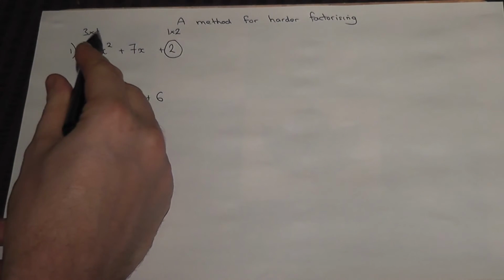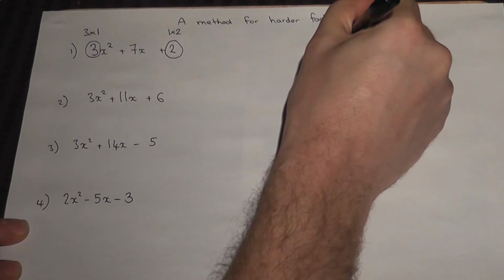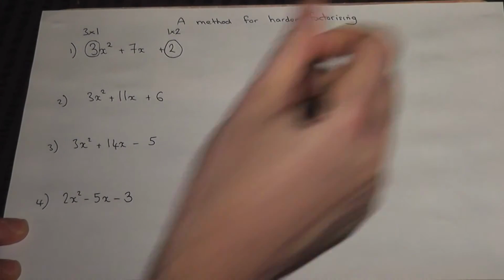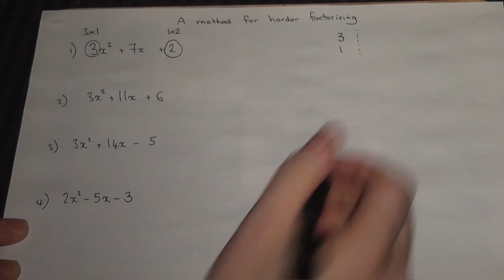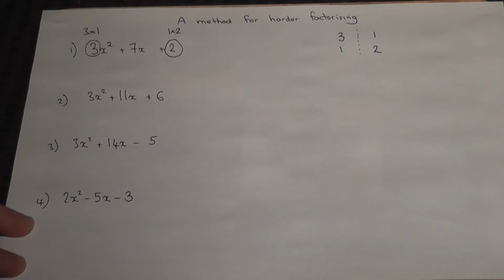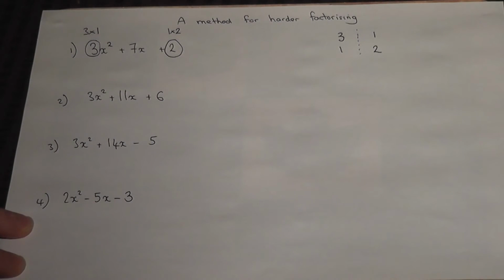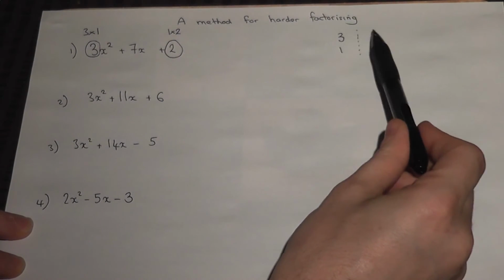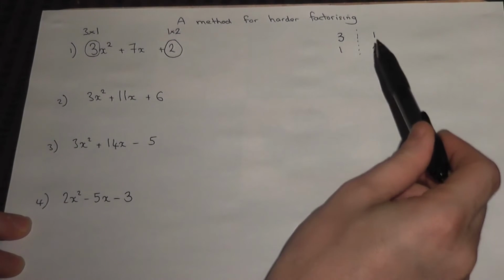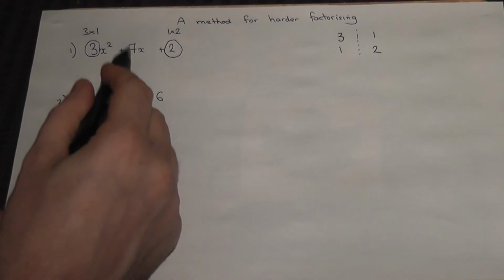We put these two numbers here in a column, and then we put these two numbers next to it also in a column. And we try to pair the numbers off to make 7 in the following way. If I do 3 times 1 and 1 times 2, 3 plus 2 is 5, not 7.